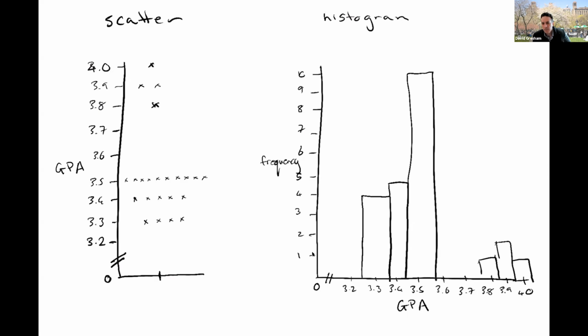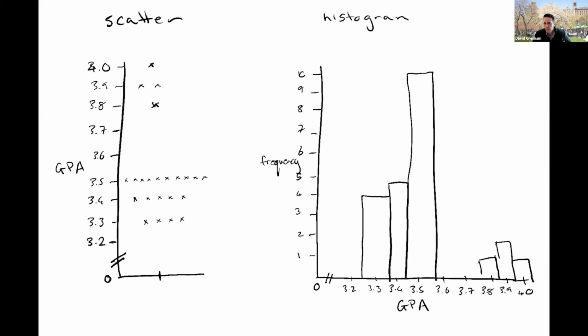What are the relative merits of each of these plots? If you have to make a decision as an author on a scientific paper or a medical paper or some sort of report that you're writing, you have to decide how you're going to convey your data. What are the relative merits of these methods?